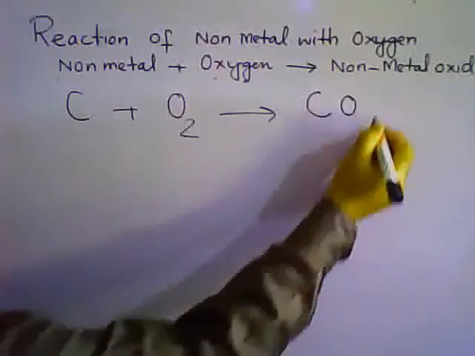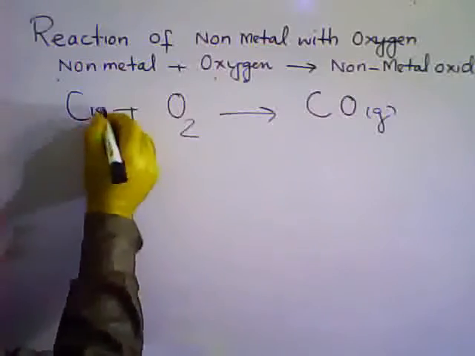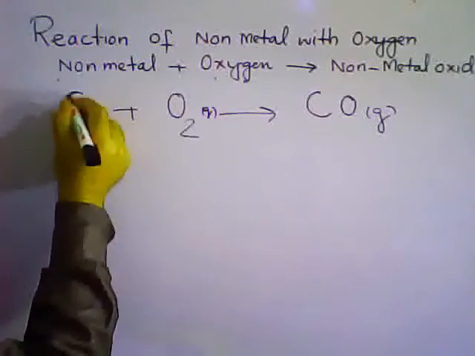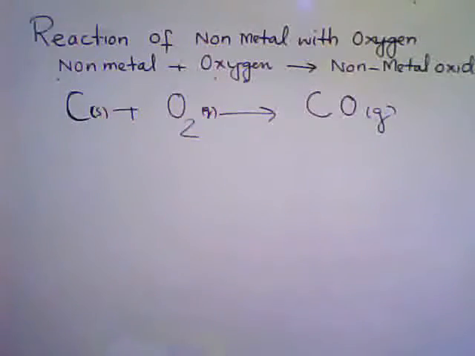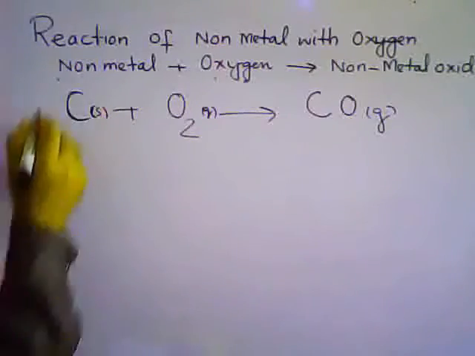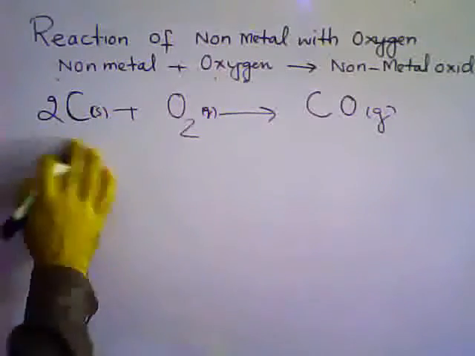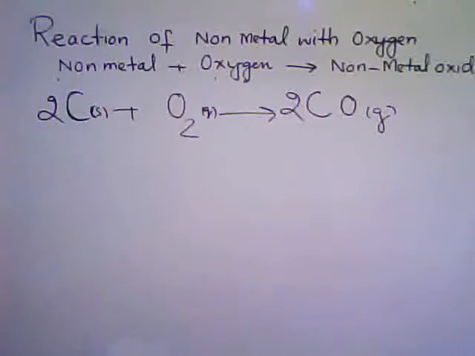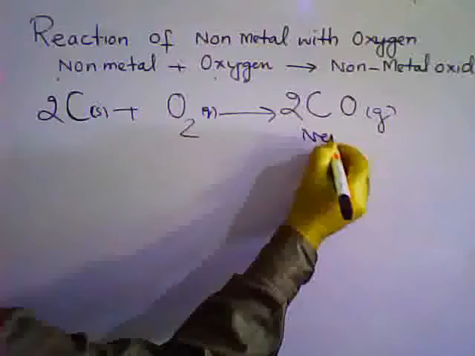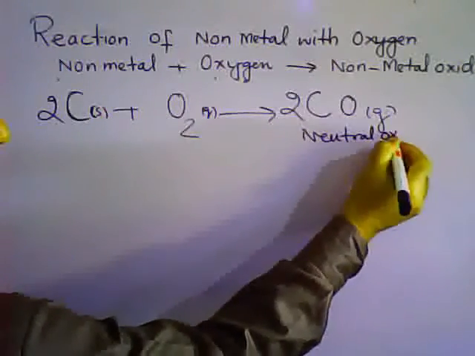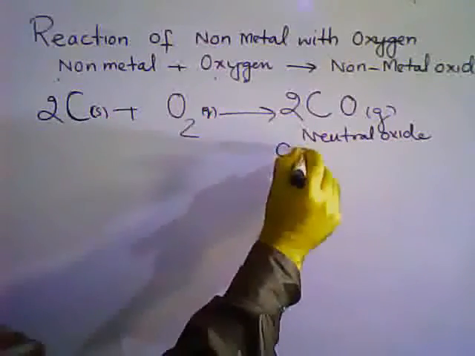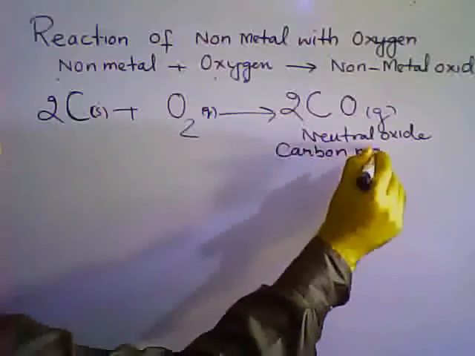Carbon is a solid, and the product is a gas. Balancing this equation, 2 carbon atoms react with 1 molecule of oxygen to form 2 molecules of carbon monoxide. This carbon monoxide is a neutral oxide. It behaves neither acidic nor basic.